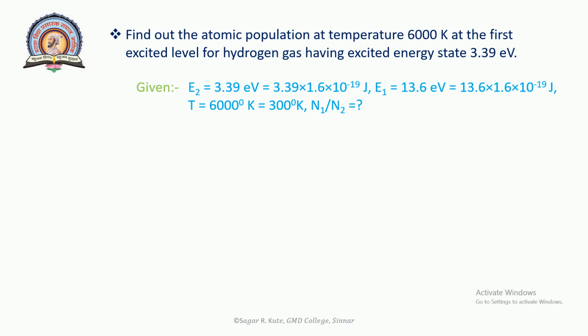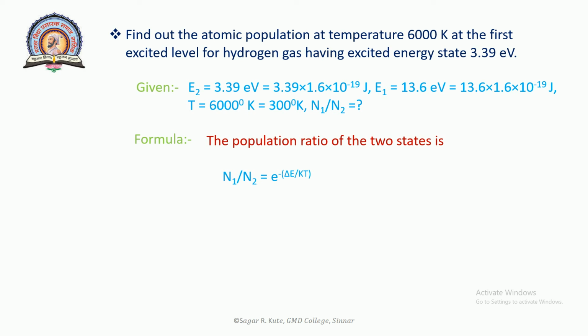Now we will calculate N1 upon N2. Formula: the population ratio of two states, N1 upon N2, is equal to e raised to delta E upon KT. Now N1 upon N2 is equal to exponential of (3.39 minus 13.6) into 1.6 into 10 raised to minus 19 upon 1.38 into 10 raised to minus 23 into temperature 6000.